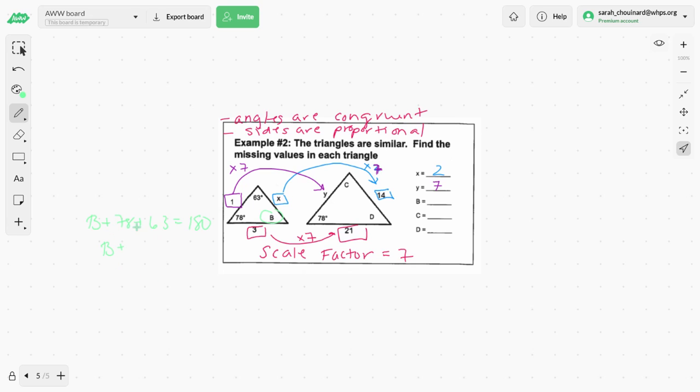So that's going to give us 141, which tells us that b is equal to 39 degrees. So b is 39, which means d also needs to be 39 because corresponding angles are equal. And then c corresponds with 63, so c needs to be 63 degrees as well, because all of the corresponding angles should be equal.